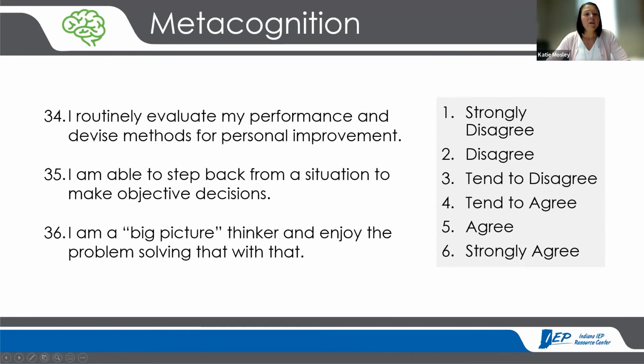Okay, so 34, which is really 31: I routinely evaluate my performance and devise methods for personal improvement. 35, which is really 32: I'm able to step back from a situation to make objective decisions. And 36, which is really 33: I am a big picture thinker and enjoy the problem solving with that.